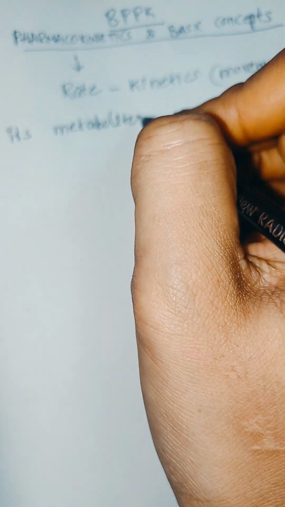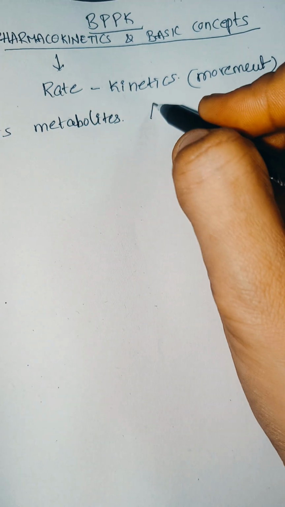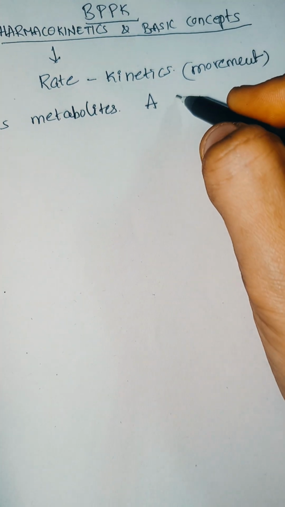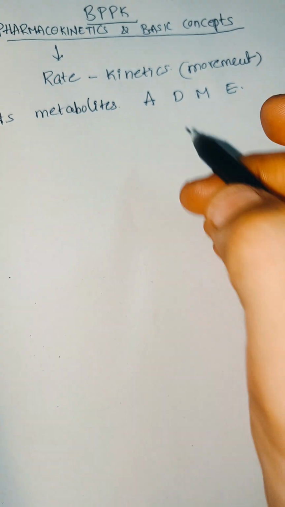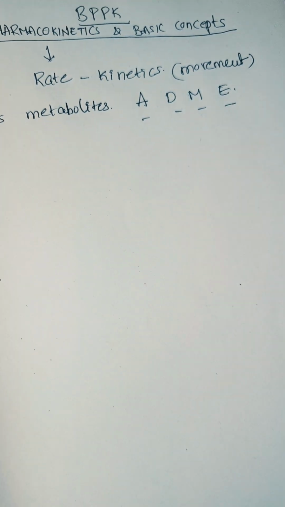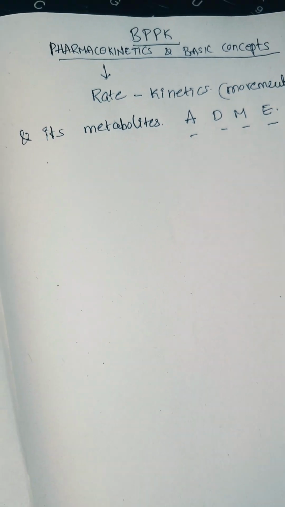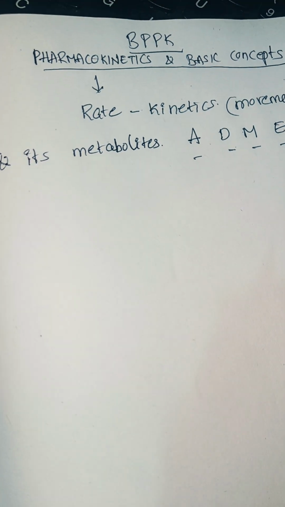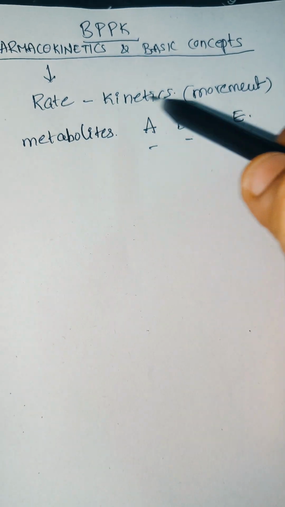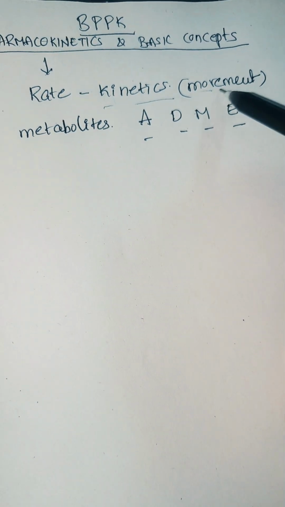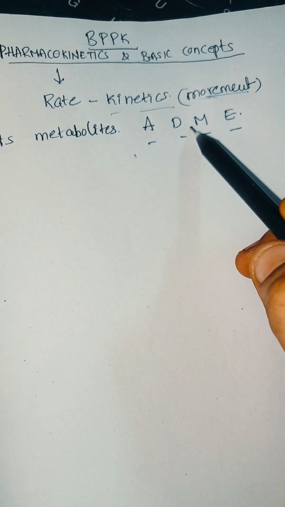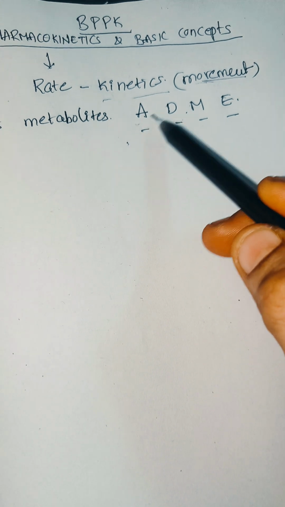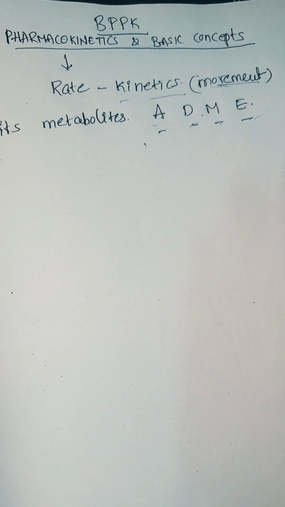How it moves is by the processes of absorption, distribution, metabolism and excretion. These are the basic processes. So totally we can explain pharmacokinetics as the kinetics or movement of a drug and its metabolites by the processes called absorption, distribution, metabolism and excretion.